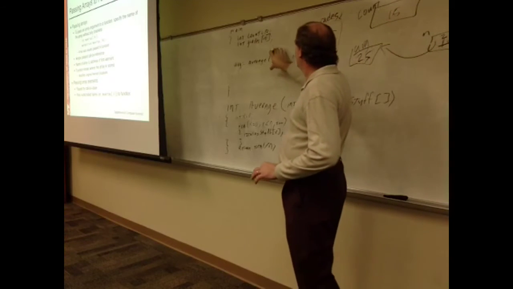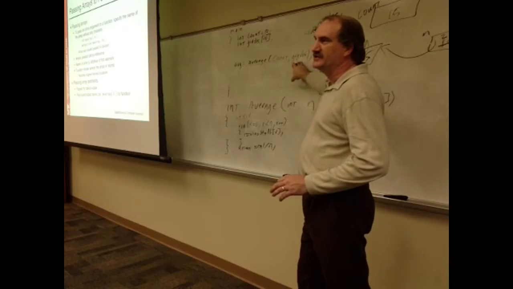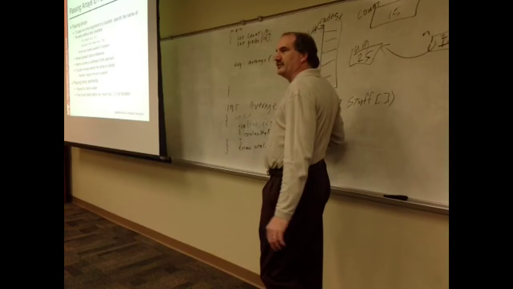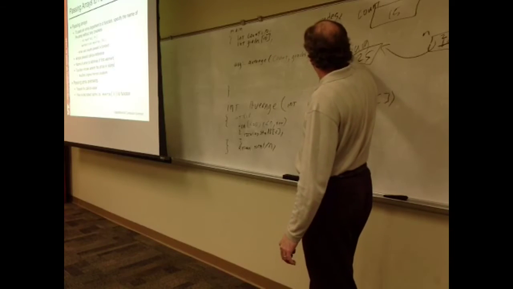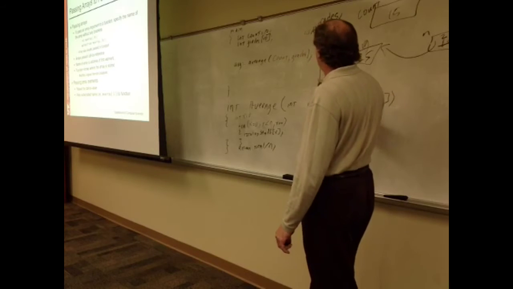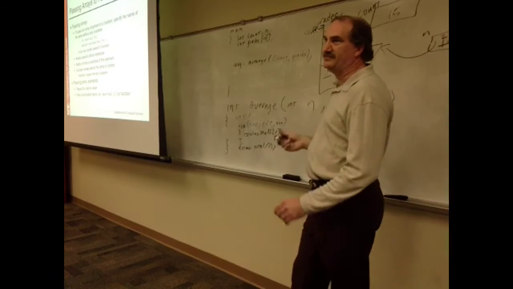But since we're passing that memory location, you are dealing with the real stuff here. If I start moving these things around or wiping them out, I'm doing it in the main set of them.